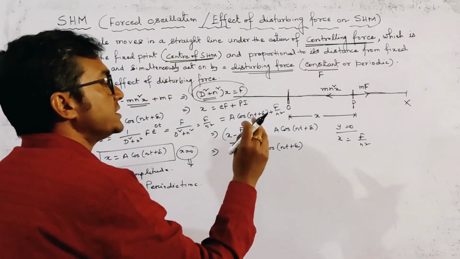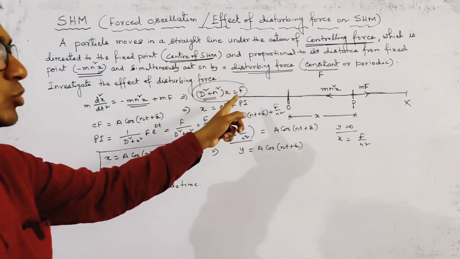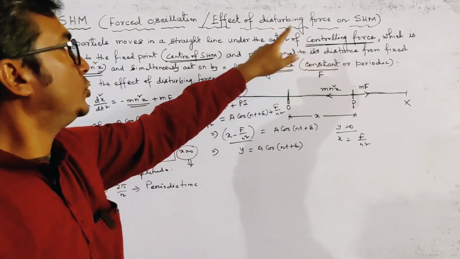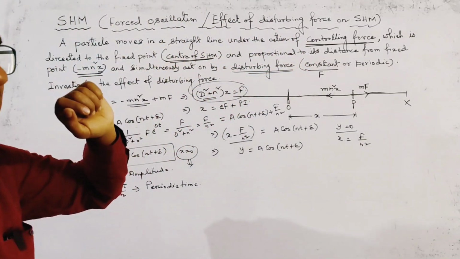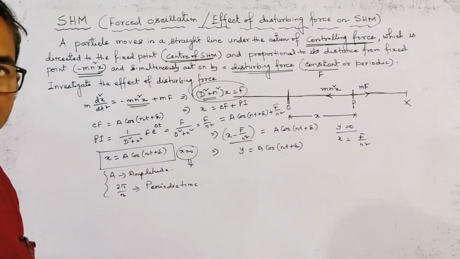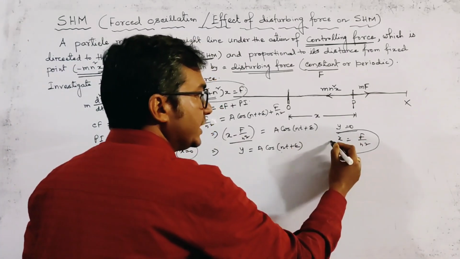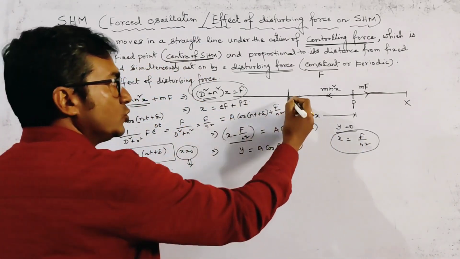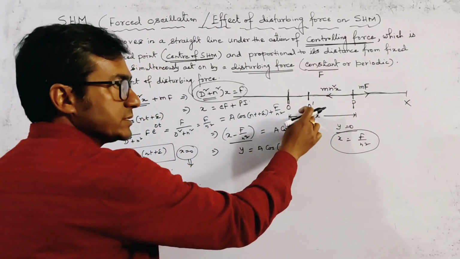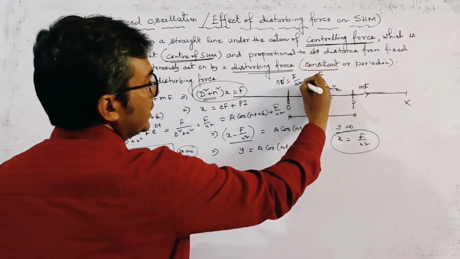So we say that if there is a disturbing force which is constant in magnitude together with the controlling force of a simple harmonic motion, then the periodic time and amplitude are the same as earlier, and there is only one change, which is that the center of the oscillation is shifted from O to O dash, where O dash is given by F by n square.